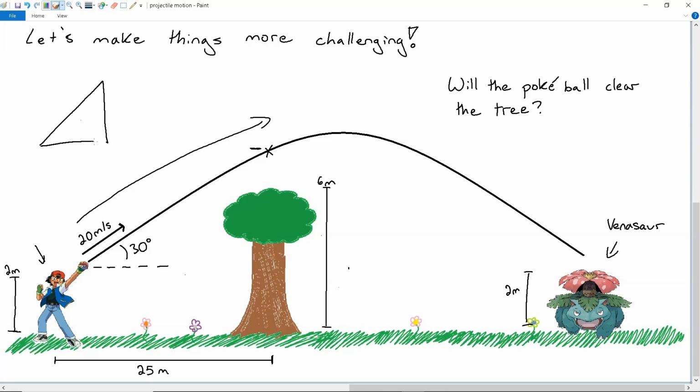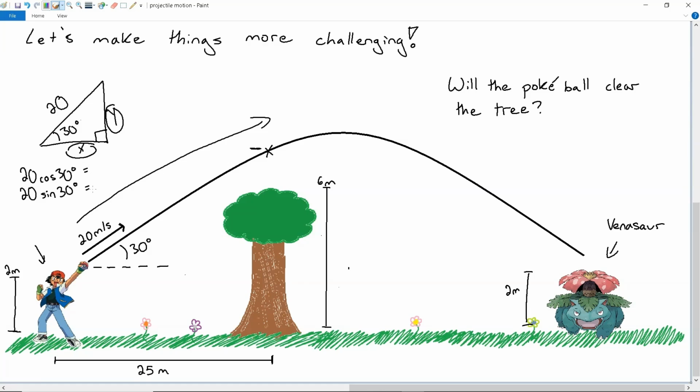Okay, so our first order of business is just like with the first scenario. I want to break down my vector into its components. So I'm just drawing out the right angle triangle to solve for horizontal and vertical velocity. Just to speed things up here, based on the first question, we know that the horizontal velocity would be 20 cosine 30 degrees, and the vertical velocity would be 20 sine 30 degrees.